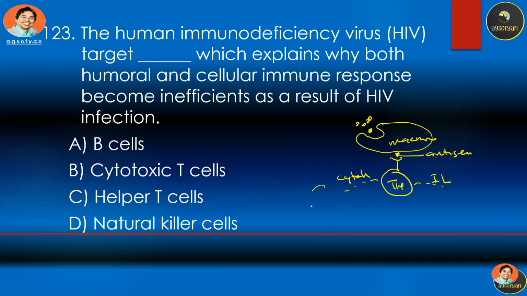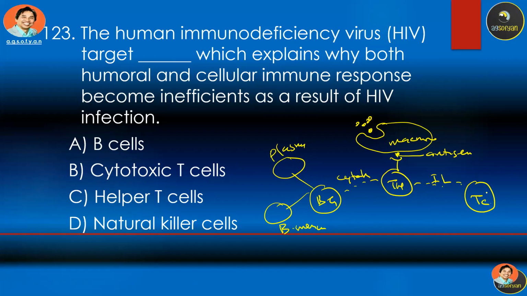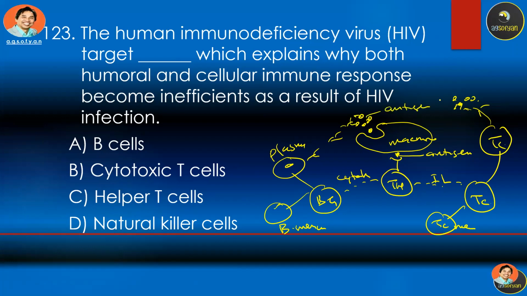Cytokine will activate B cell. Interleukin will activate the T cell. B cell becomes plasma B cell and B memory cell. The TC becomes TC memory and clone TC. Clone TC will destroy the pathogen directly. Plasma B cell will produce antibody that will destroy this antigen or pathogens.